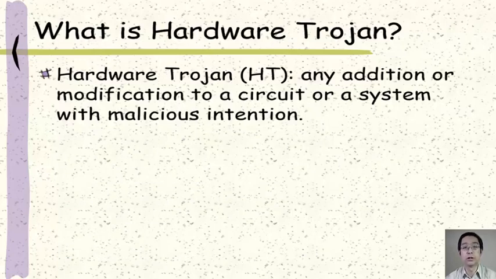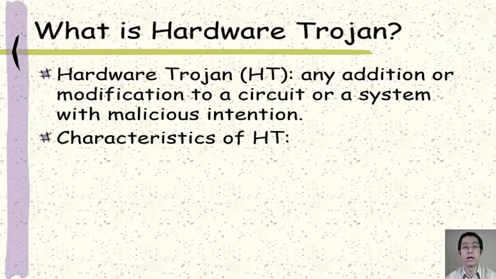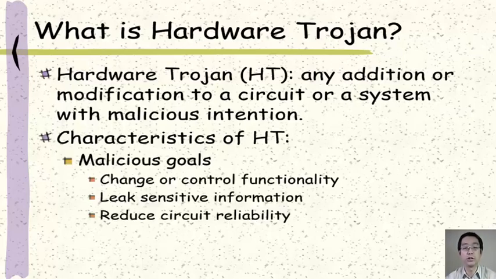Hardware Trojans are any additions or modifications to a system or to a circuit for malicious intentions. From this very simple definition, we can see two characteristics of a hardware Trojan. First, a hardware Trojan must have malicious goals.